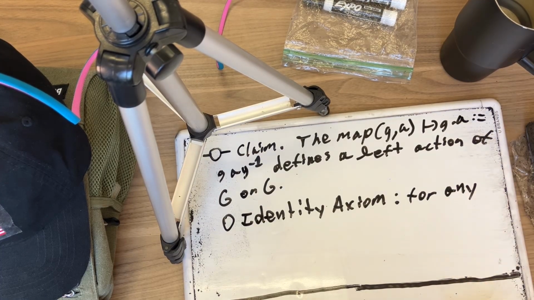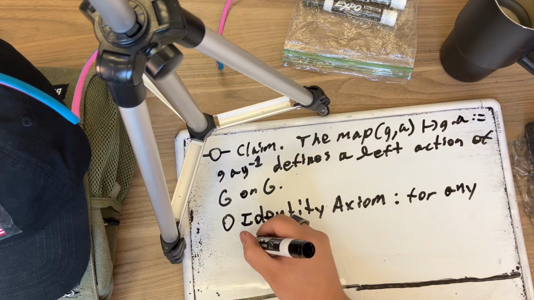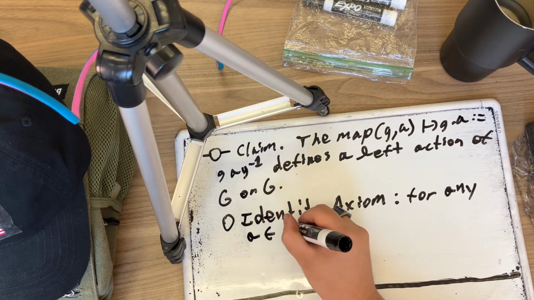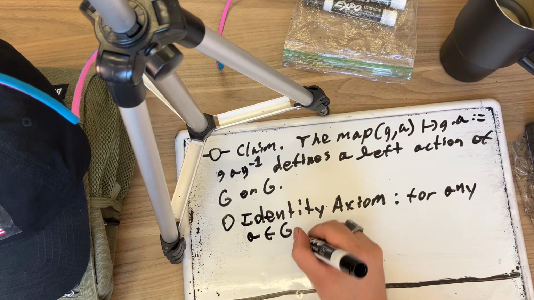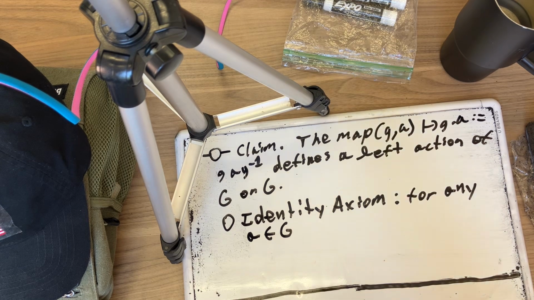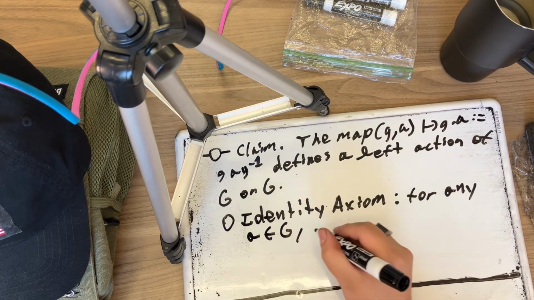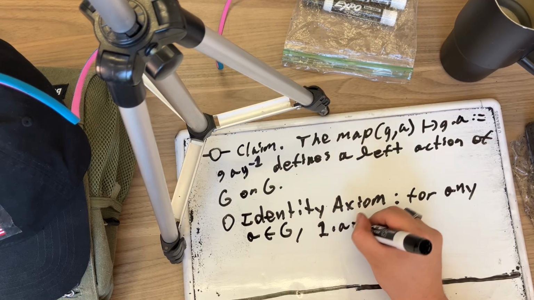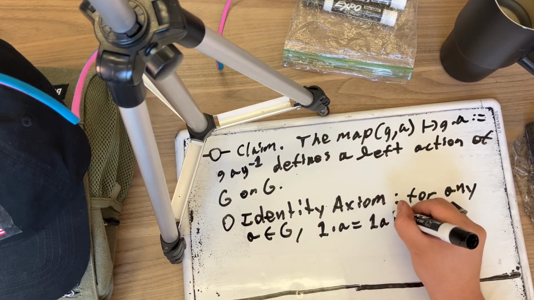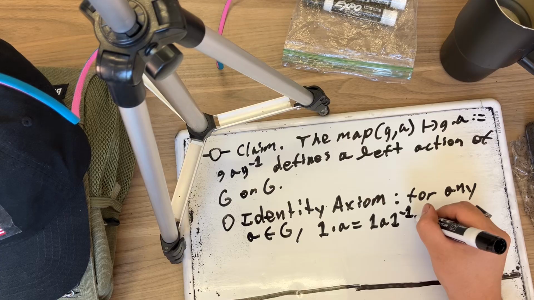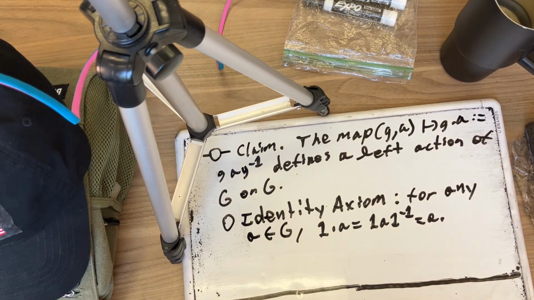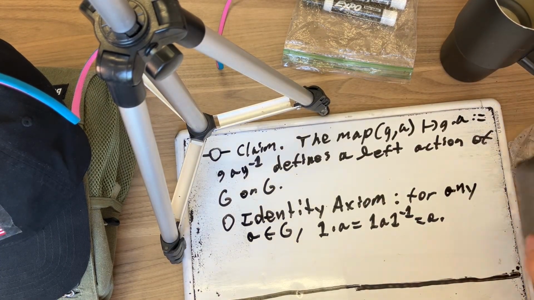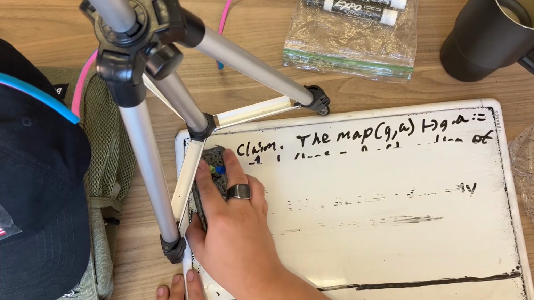So for any element A in G, 1 dot A is equal to 1 A 1 to the negative 1, which is equal to A. So the identity axiom holds. Now let's get to the more interesting part, which is the compatibility axiom.